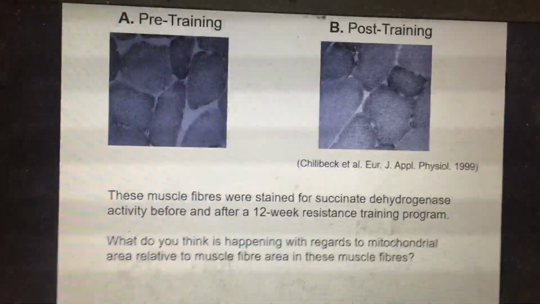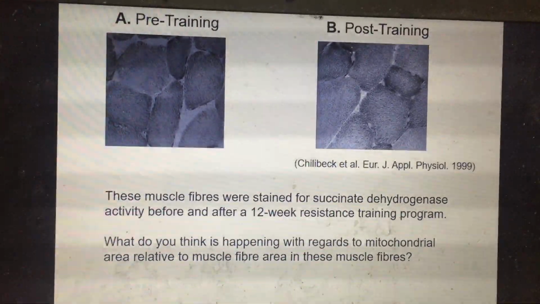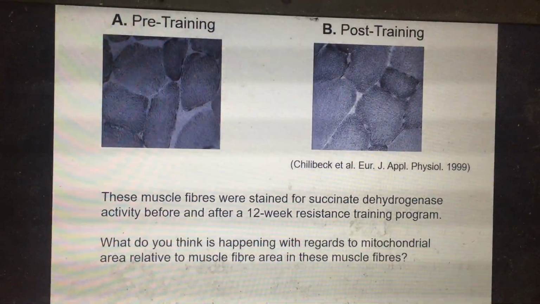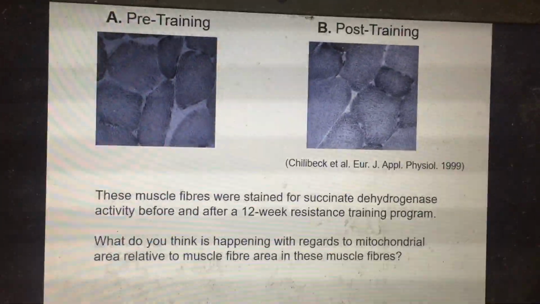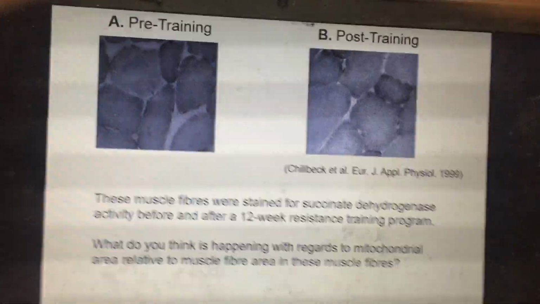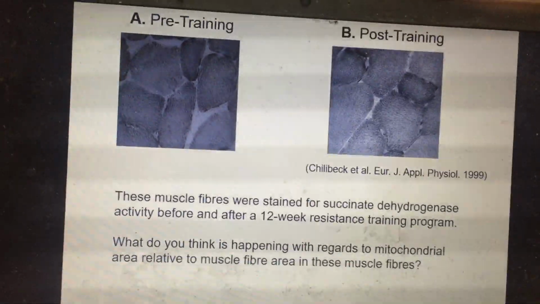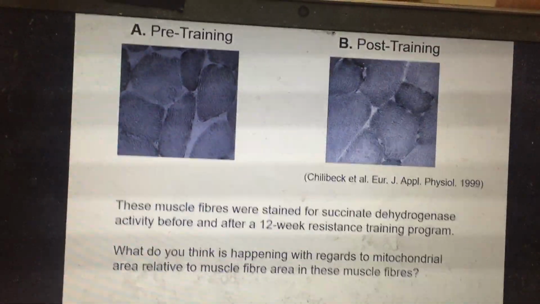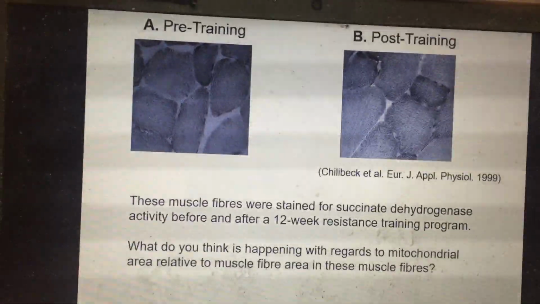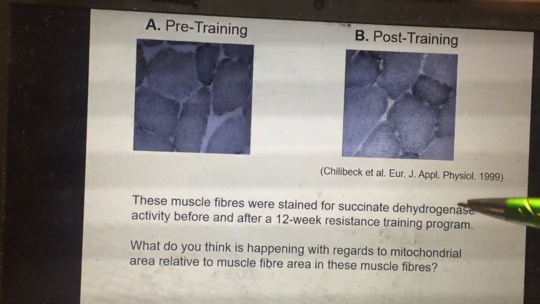Now this shows how strength training might interfere with your aerobic adaptations. These are muscle fibers from before to after a 12-week strength training program, and they are stained for an enzyme called succinate dehydrogenase.